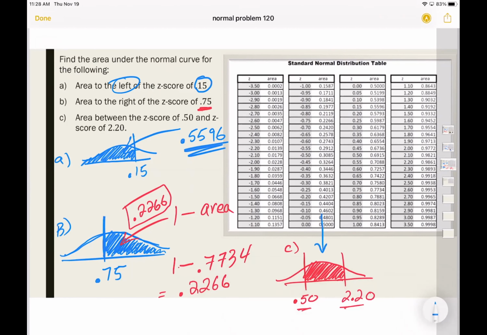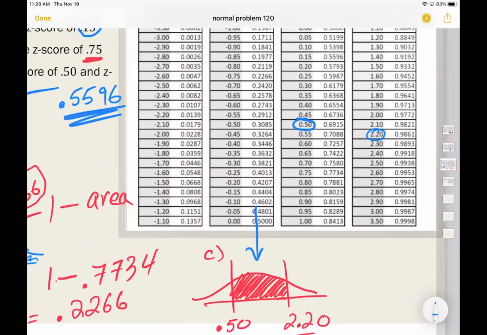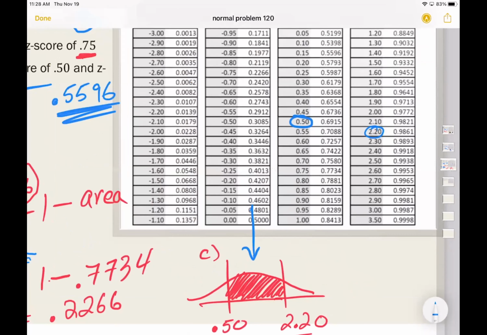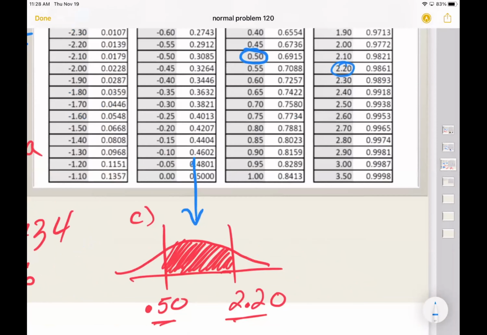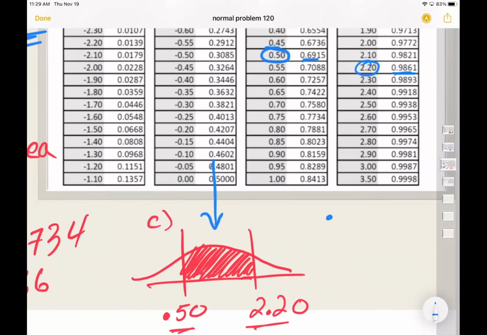Well, the first thing I need to do is find where my 0.05 is and where my 2.2 is. So everybody see that my 0.05, let me zoom in, is this number, and my 2.2 is this number, meaning I need to take the big number, which is 0.9861, minus 0.6915.